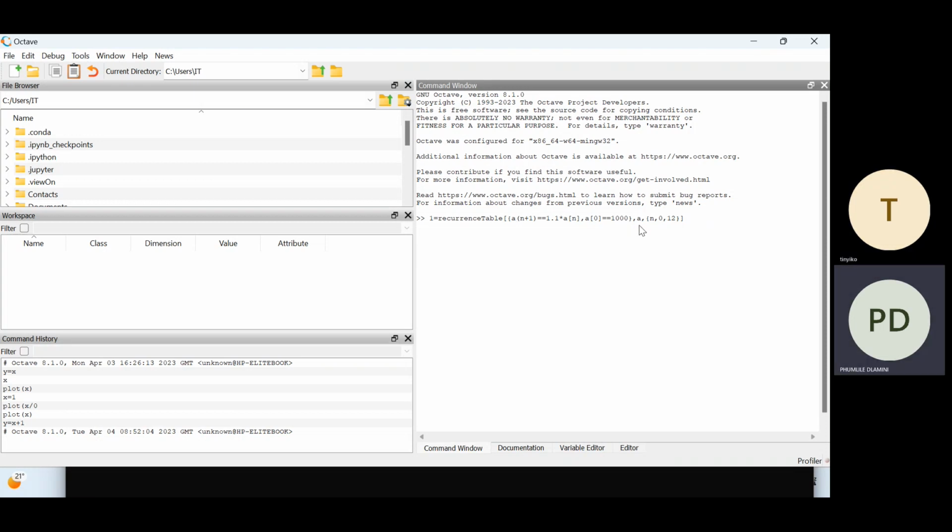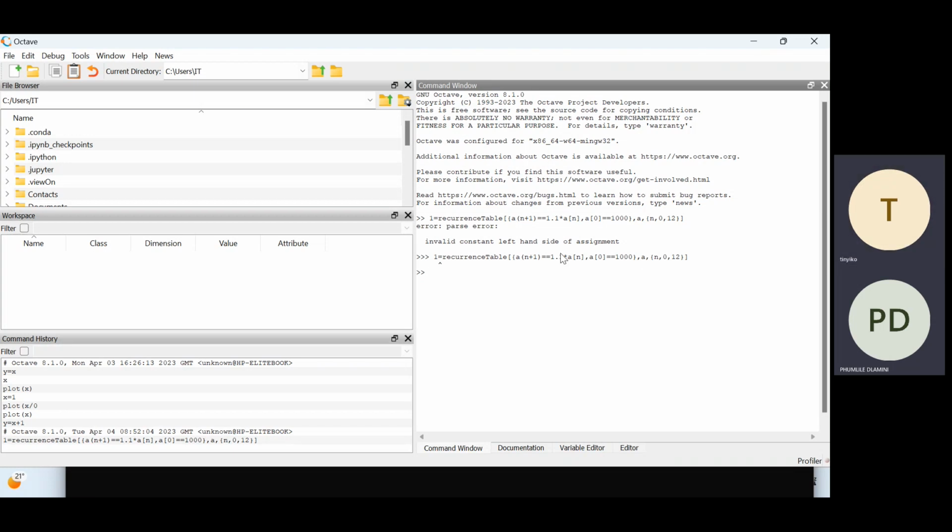Then the brace, comma, n is fine, comma, then in brackets, brace, n, 0 and 12, and then the brace is fine. The formula is wrong, I will try to check where the problem is.